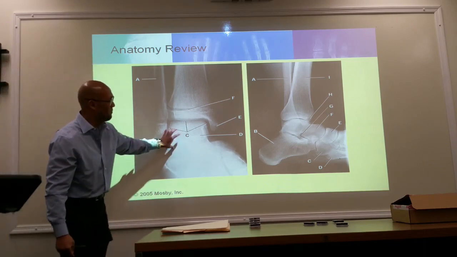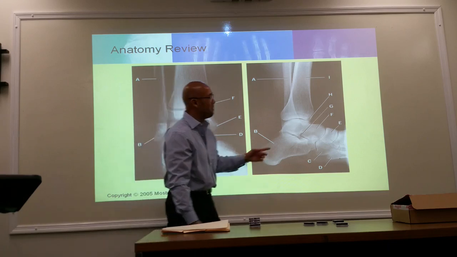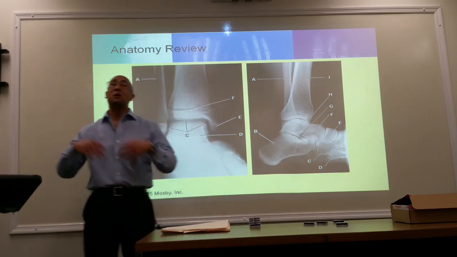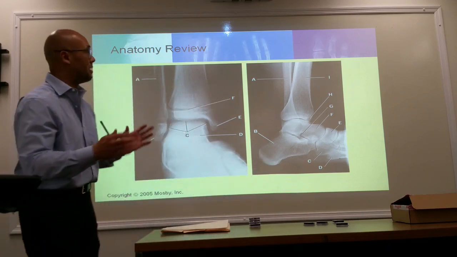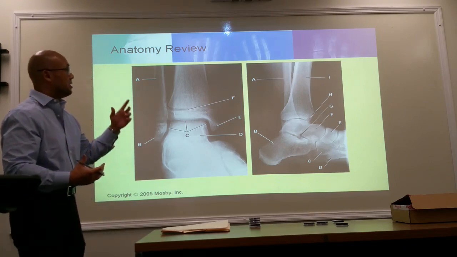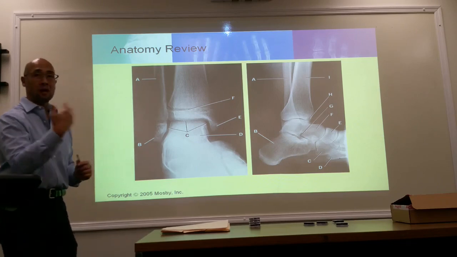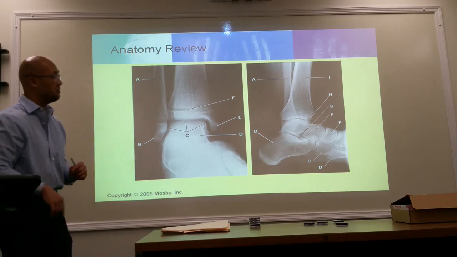All right, let's go over here. What's A? The fibula. Remember, and that's why I say this over and over again, because it's important in critiquing your films: in a lateral projection, the fibula is going to be more posterior and inferior to the tibia.